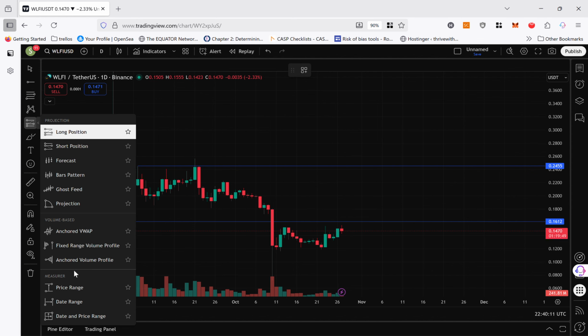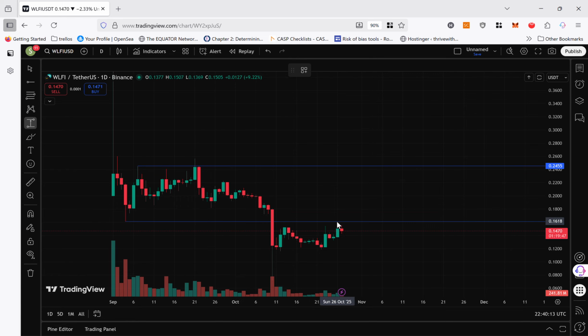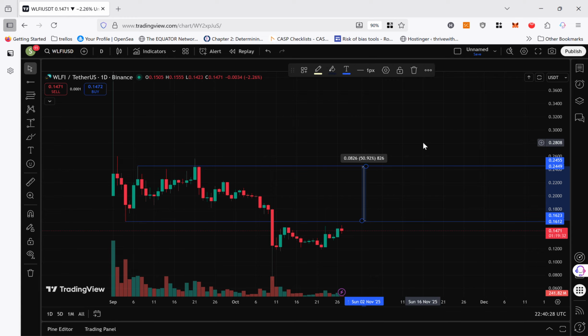We could calculate the price range. Let's have a look. That's roughly 51%. Oh, come on, stick to here. Right, roughly 51%.